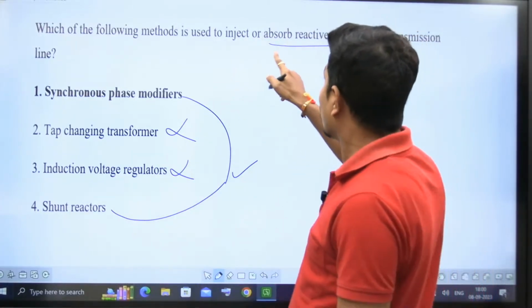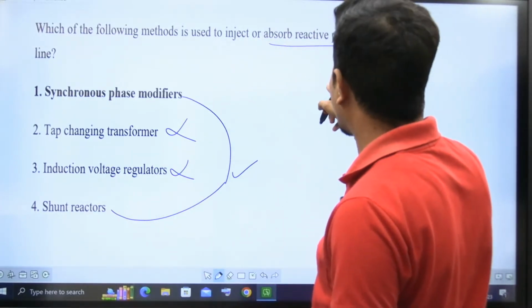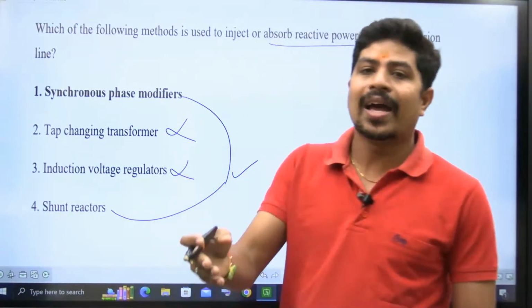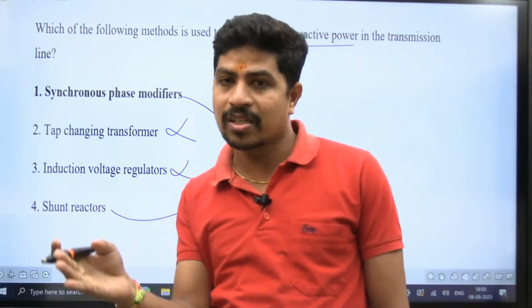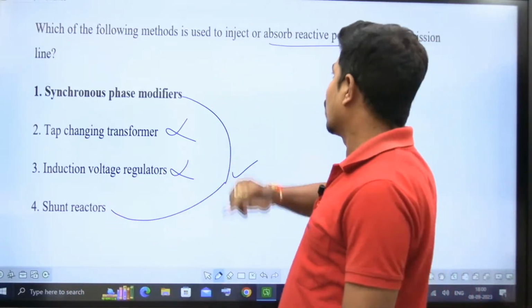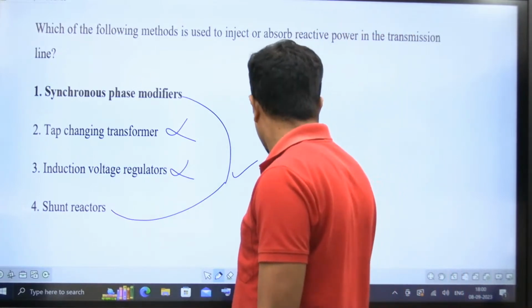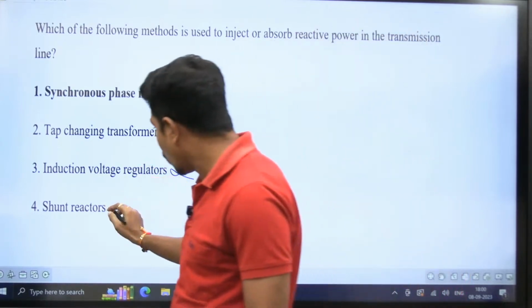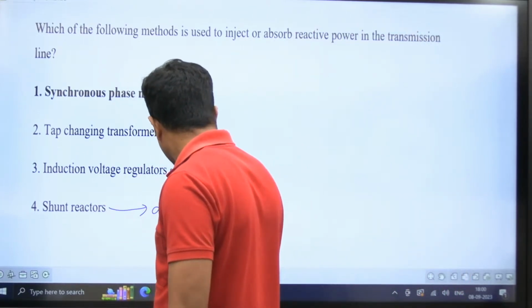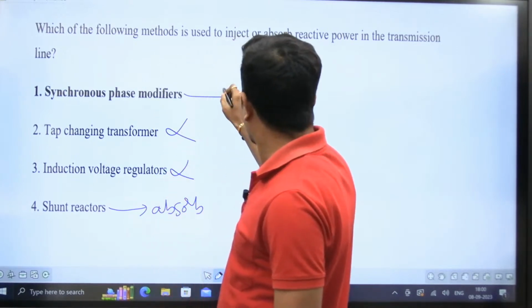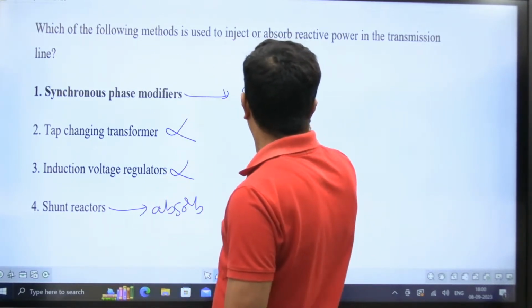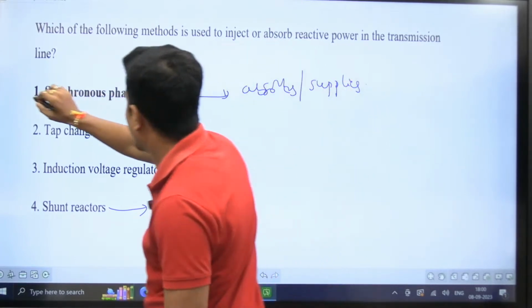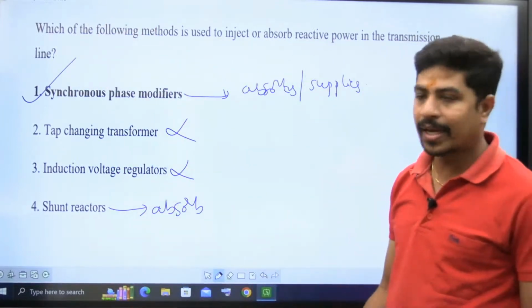But the question asks which method is used to inject or absorb reactive power in the transmission line. So a synchronous phase modifier means either an overexcited or an underexcited synchronous motor. It can do both the duties, absorb and supply, whereas the shunt reactor only absorbs. Therefore, only option 1 is correct, not 4.